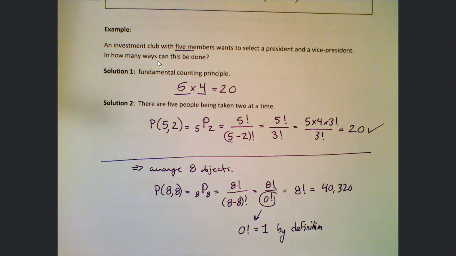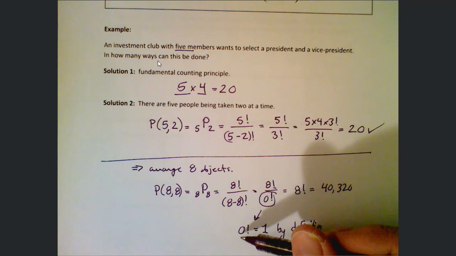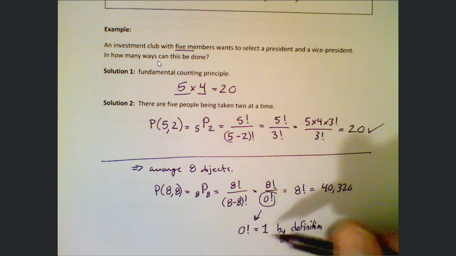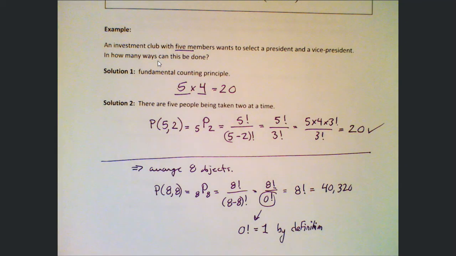If you have no objects, how many ways can you arrange them? The answer is 1. So again, the way to think about 0 factorial is to say, if you have 0 objects, how many ways can you arrange them? There's only one way to arrange 0 objects, and that's to not arrange them. So that's a way to think about what 0 factorial is.